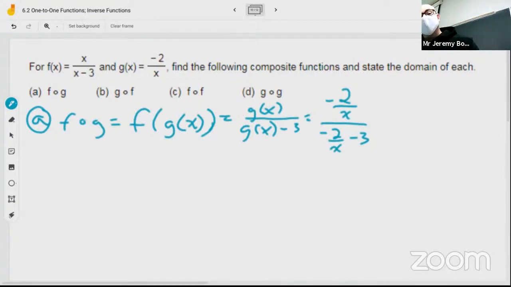Once we got that, we've got fractions within fractions, so we want to get rid of those.